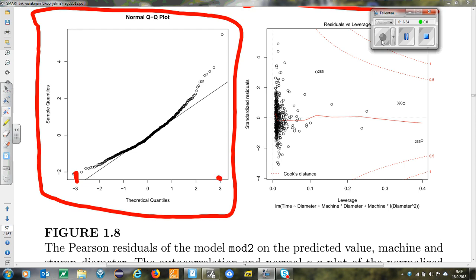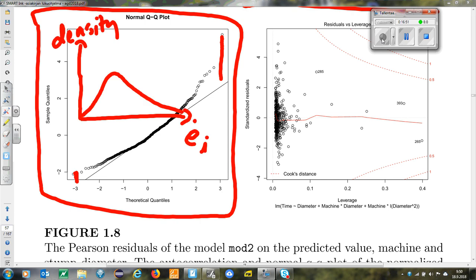On the other hand, for theoretical quantile 3, the empirical quantile is almost 5, so we have a very heavy right-hand tail. So if we plot the histogram of the residuals, the density looks something like this. We have quite a light tail on the left-hand side, but a heavy tail on the right-hand side.